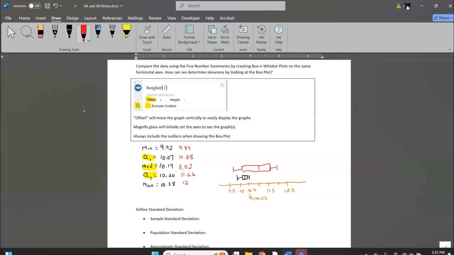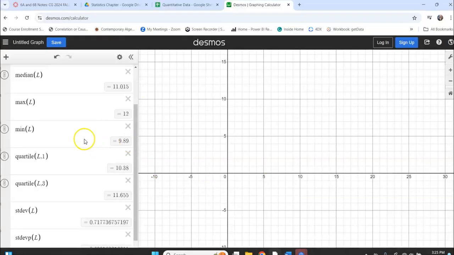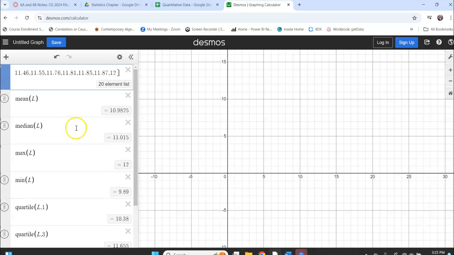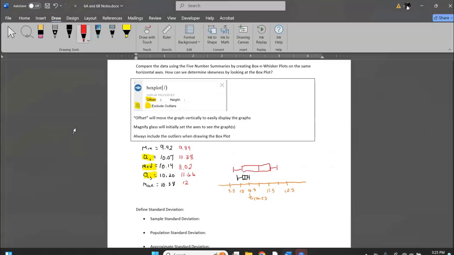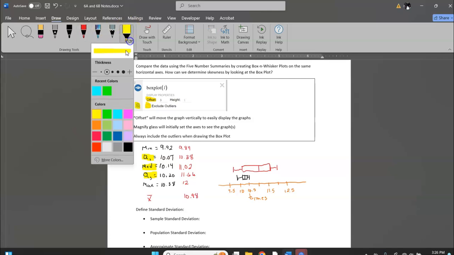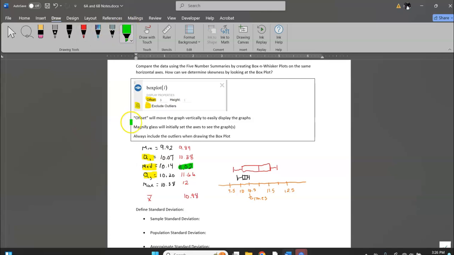The other nice thing about what we had Desmos do is that we can figure out, based on the mean and the median, whether the data set is skewed or not. The mean for data set 2 is 10.98, and our median is 11.02.